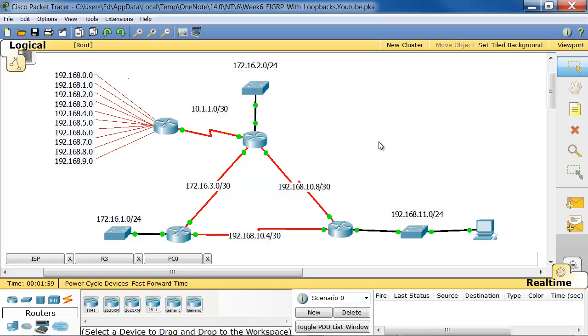We're using EIGRP, and we can summarize it as we've discussed with a /20 mask. But the problem with a /20 mask is that we're not only advertising out all of those networks, which works, we're also saying we know about the .10.0, .11.0, .12.0, .13.0, .14, and .15.0 networks.